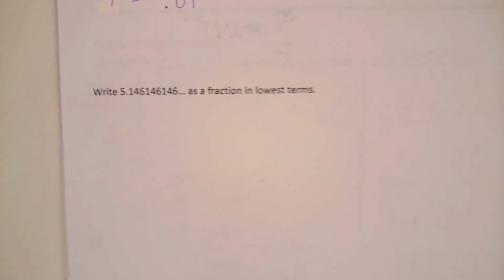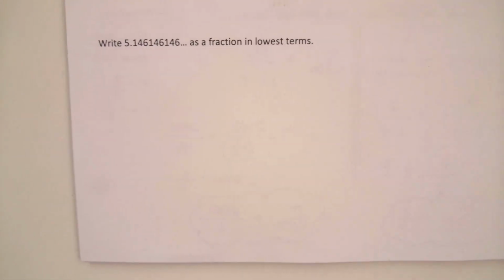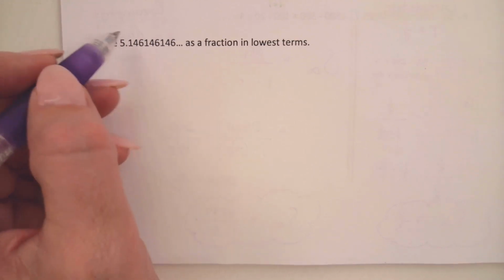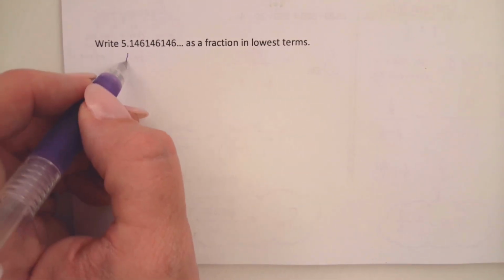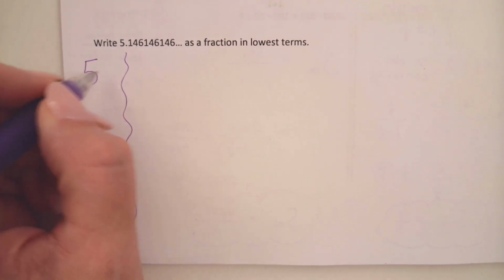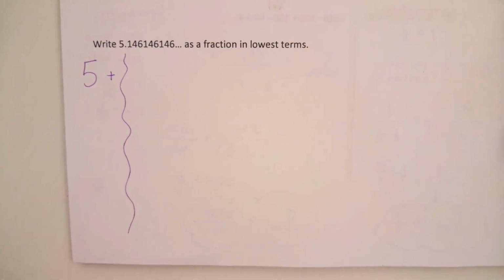Okay. 5.146. That 5 in the front, we're going to kind of ignore. Basically, I know at the end my fraction is going to have a big 5 on it. So it's going to be 5 and some sort of little fraction. Now let's think about what that series would be.